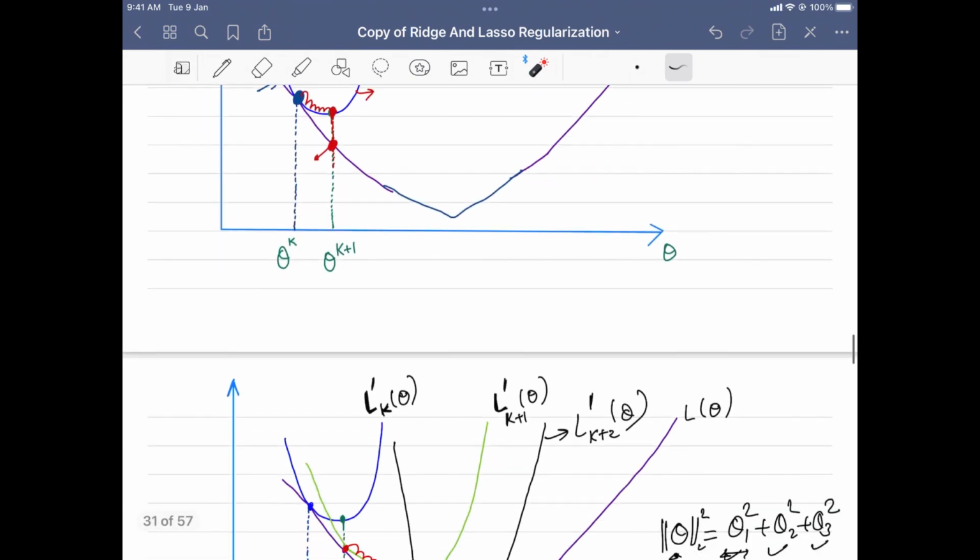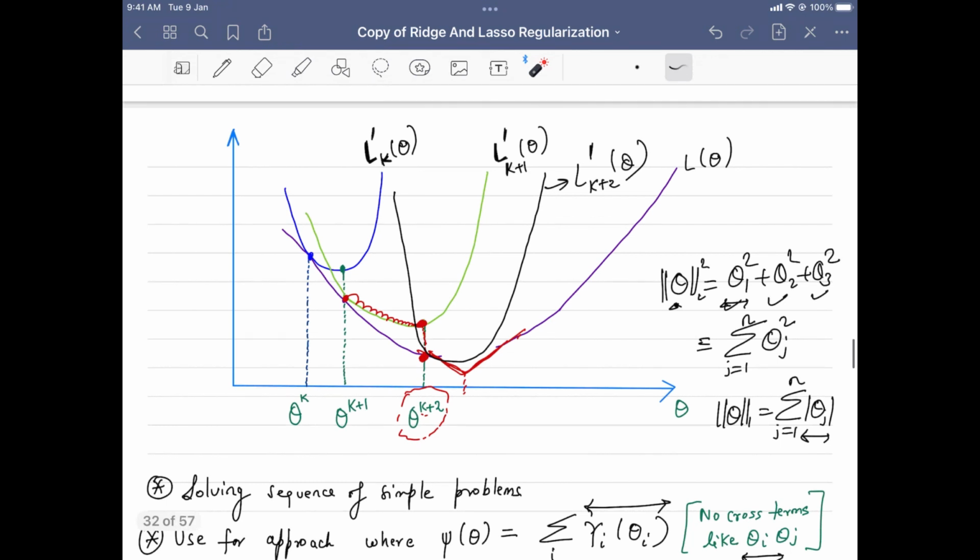So what we saw is as you progress down in the iterations, so these are all iteration numbers k plus 1 and k plus 2. As you can see, as you proceed down with the iterations, the convex function keeps on changing. So it will be some other convex function at this point and some other convex function at this point.